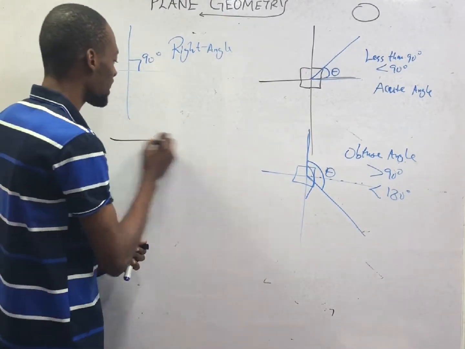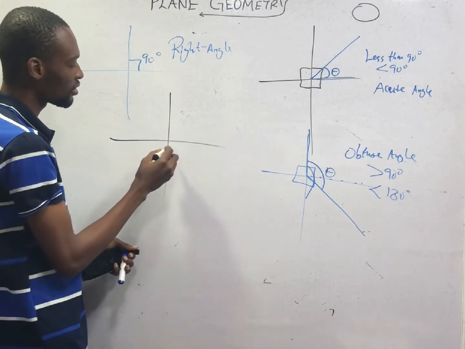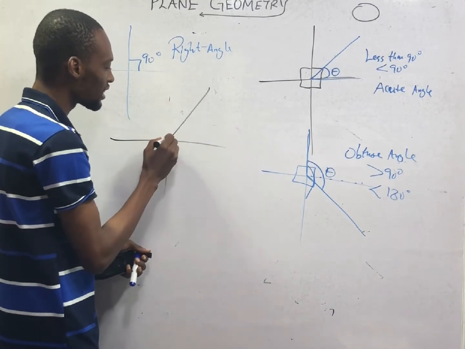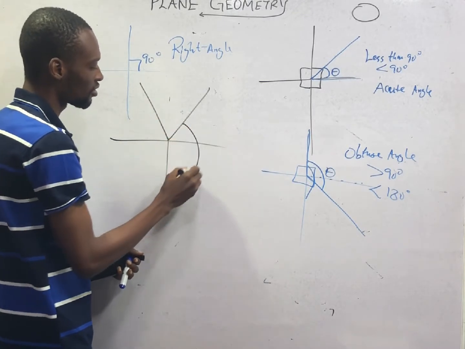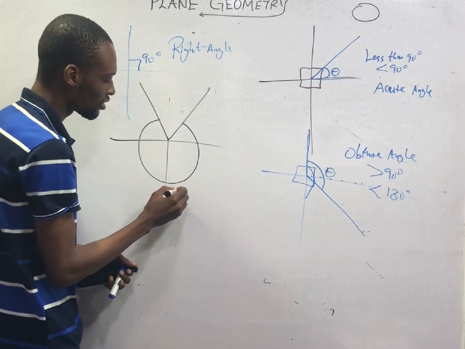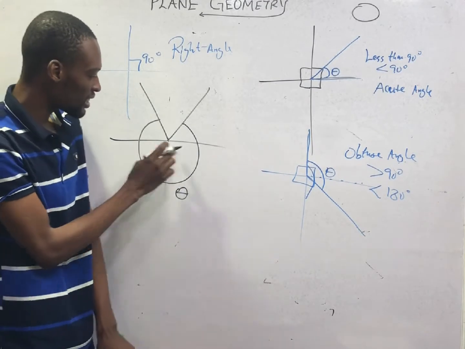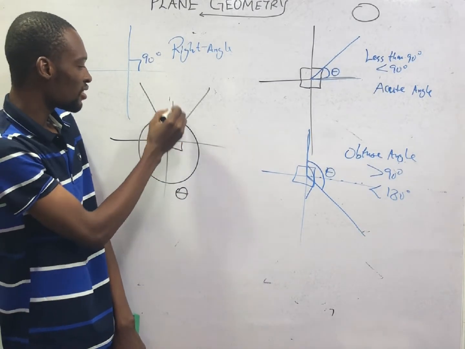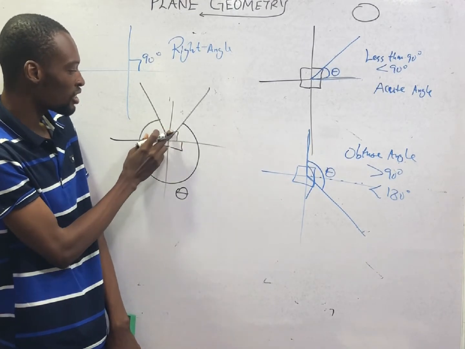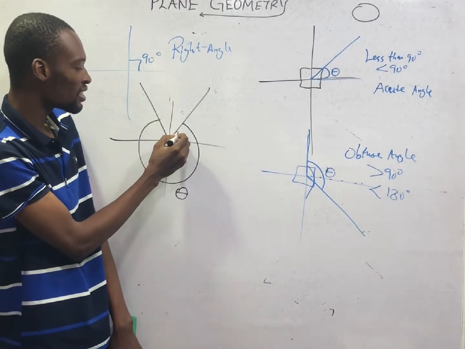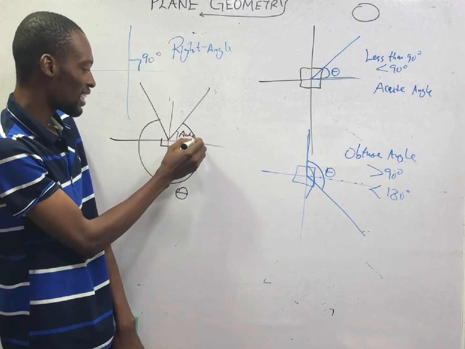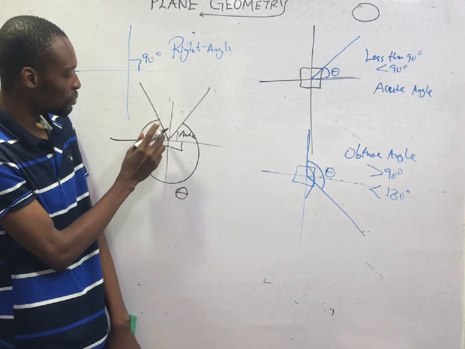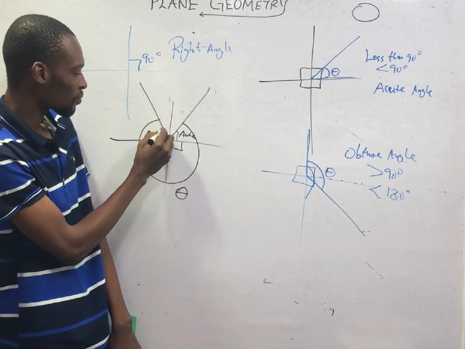Then you have something like this, and you see an angle like this going like this, theta. You know that from here to here is 90, here is 90. Then from here to here is another 90, but this one is cutting here, which means here is acute, less than 90. From here to here is 90, but this one is not up to here, which means here is another acute angle.